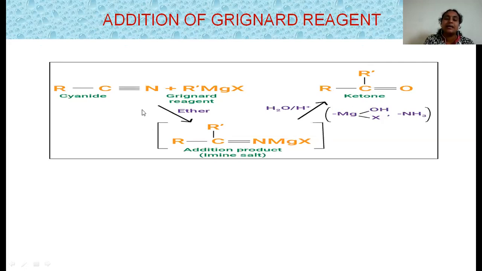So alkyl cyanides on reaction with the Grignard reagent, for example methyl cyanide reacting with methyl magnesium halide, produce acetone.